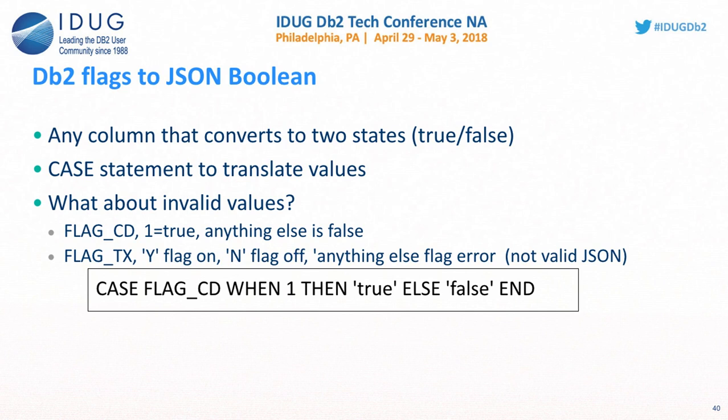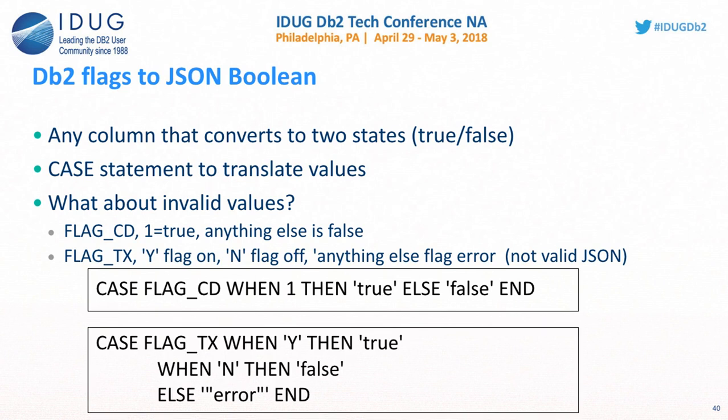So a nullable Boolean column is not a concept that you can implement in JSON. I would recommend that your case statement read, if my flag is 1, then it's true, otherwise it's false, and get out of there. Sure, it would be easy enough to do something like this, but JSON doesn't understand it, and I would recommend against it.